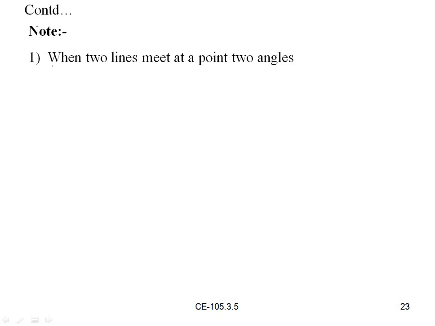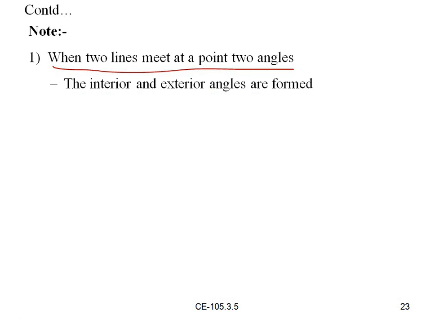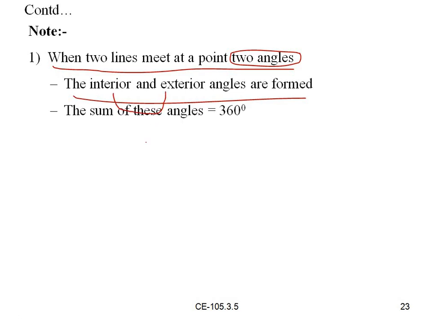Note, when two lines meet at a point, two angles, the interior and exterior angles, are formed. So up to now we have seen only the included angle, but when two lines meet at a point, we form two angles, that is interior and exterior.